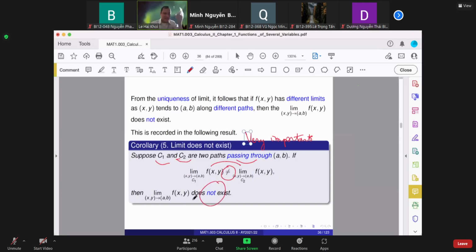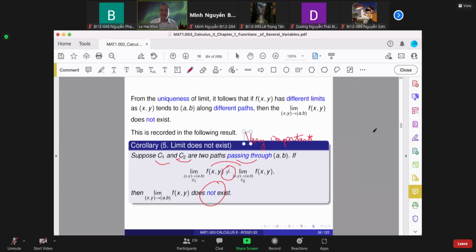So that corollary summarizes what I explained to you. So then, if you want to prove that the limit doesn't exist, using the definition is very difficult, then you may think about the limit along a path.